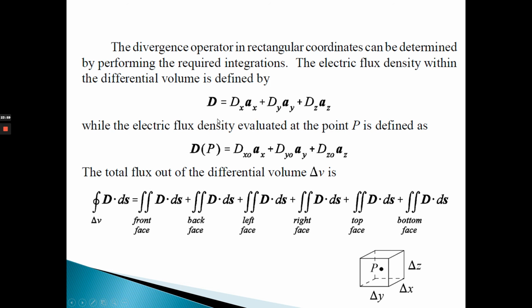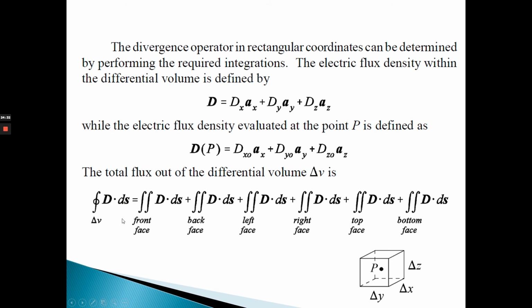Here, all of this lecture is about learning the electric flux density D. The total flux you can find by volume integration, meaning the individual surface integrations: the front face, the back face at the back, the bottom face here, and so on, six in total.